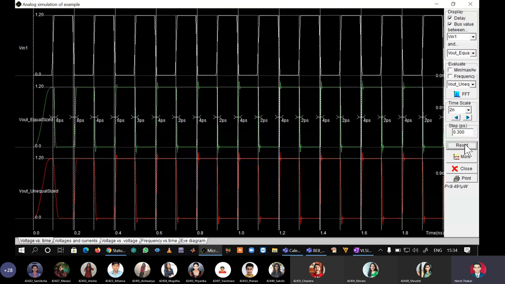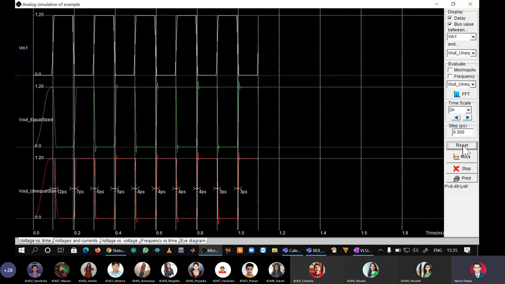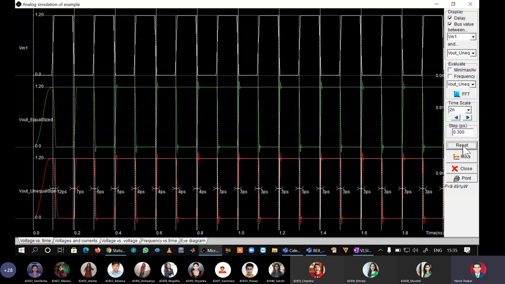See here. Okay, for equal sized inverter, rise time is 4 picoseconds and fall time is 2 picoseconds. We see here afterwards it is becoming T rise equal to 4 pico, T fall equal to 2 pico. And if I make it unequal sized and say reset, then I'm clearly seeing that my rise time is becoming equal to fall time, 3 pico and 3 pico.